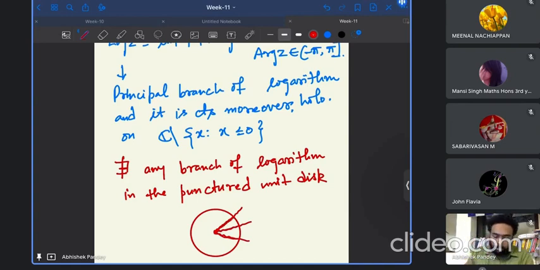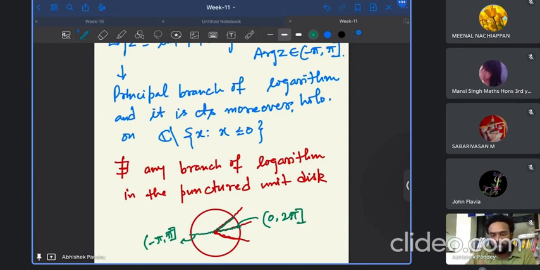Any branch of logarithm will be discontinuous at all these points for any particular branch. If you take minus pi to pi, this will be the point of discontinuity. If you take 0 to 2 pi, this will be the point of discontinuity. So any branch of logarithm in the punctured unit disk will have a ray in the unit disk starting from the origin, such that at all points on the ray, the logarithmic function will be discontinuous.